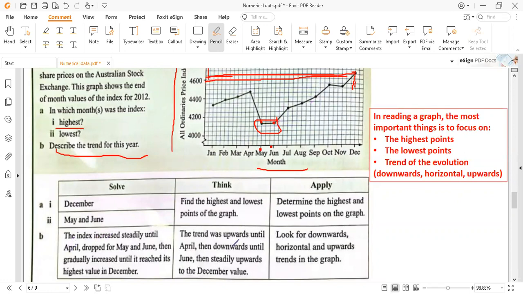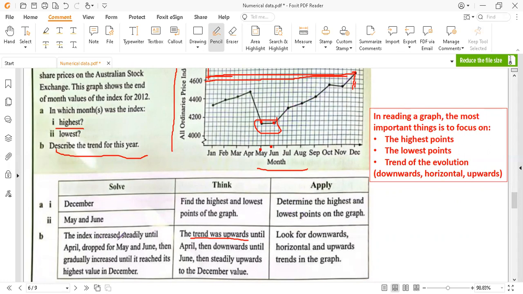We can say the trend was upward until April, then downwards until June, then steadily and continuously upward to December, but with different slopes.